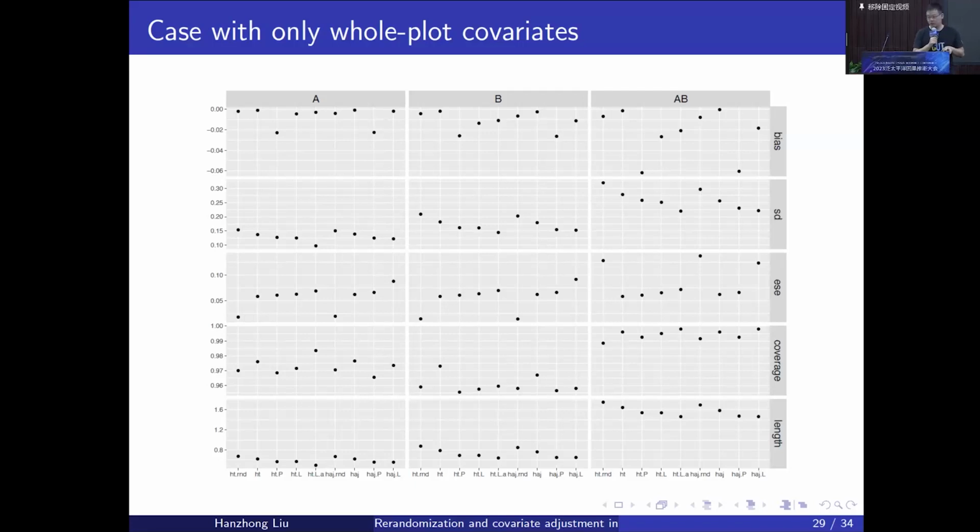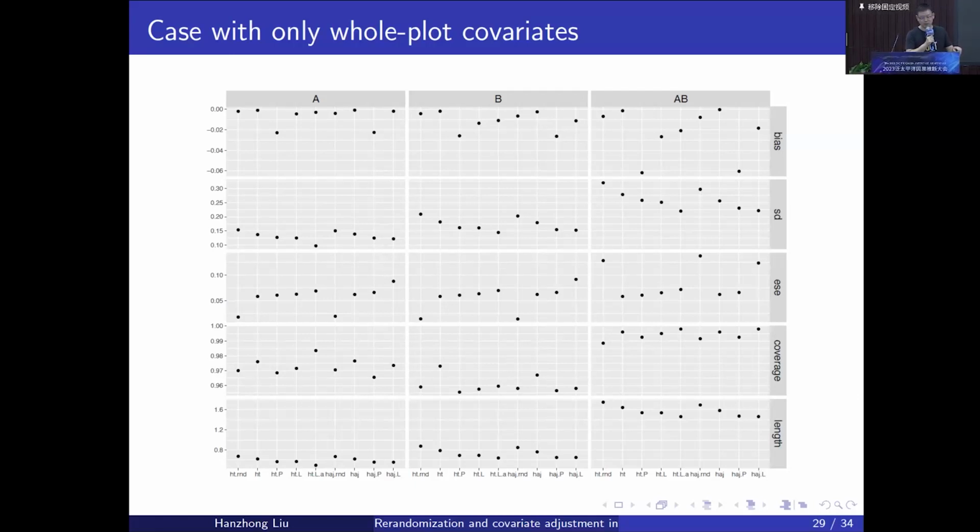And the fourth row shows the coverage probability of 95% confidence intervals. We can see that all these coverage probabilities are above 95%. This is also due to the conservativeness of the covariance estimator.